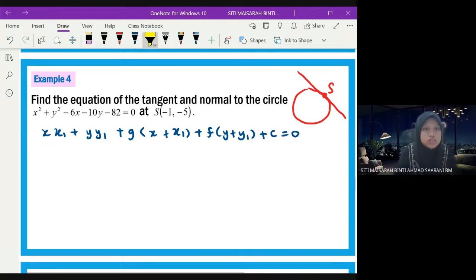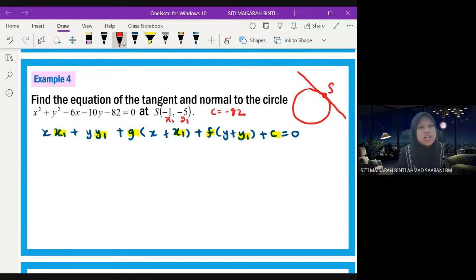So awak kena substitute dekat X1, Y1, G, F dan C. Okay, so X1 kita dah tahu kat sini, ni X1, ini Y1. X1 dia negatif 1, Y1 dia negatif 5. Okay, C adalah negatif 82.